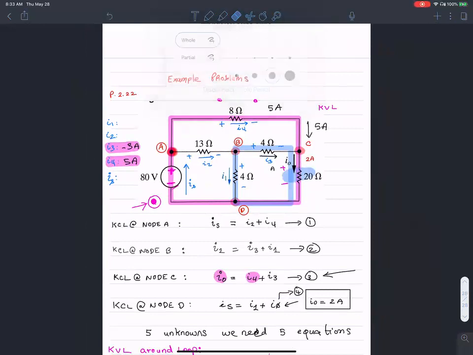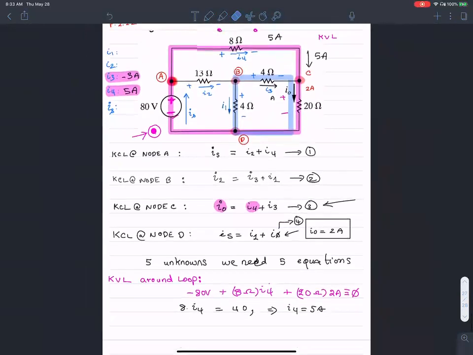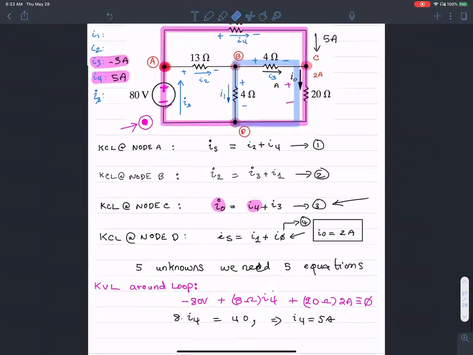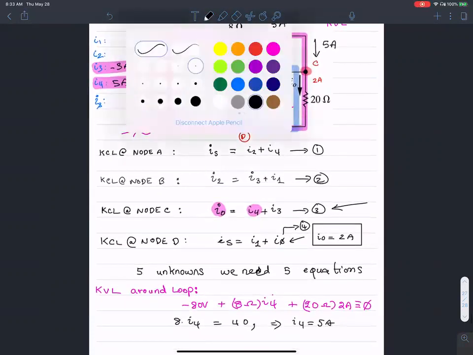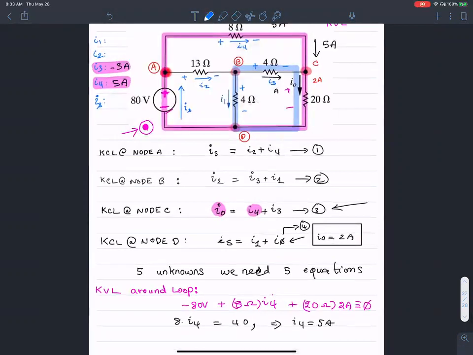Trying my best to keep everything in one screen. Okay, so KVL around loop. We'll call this loop beta.